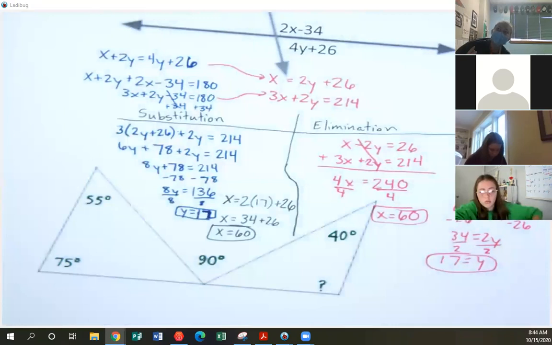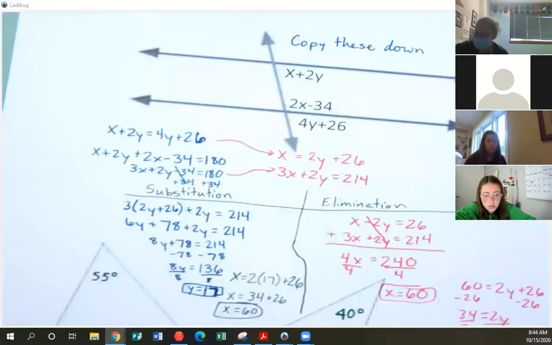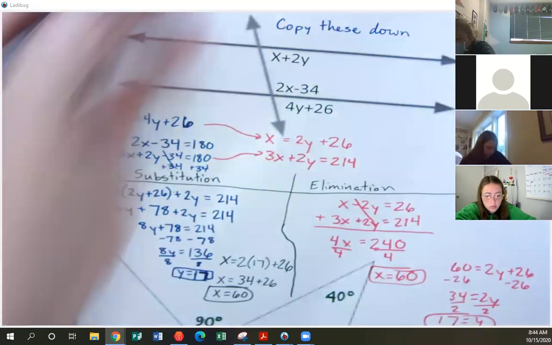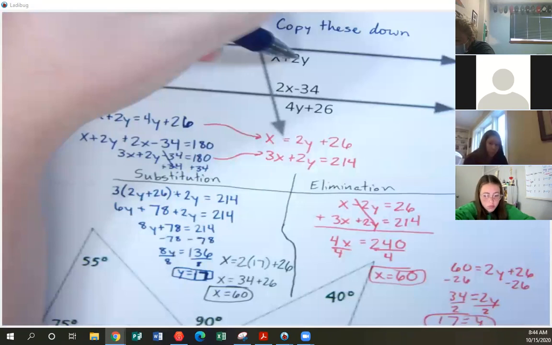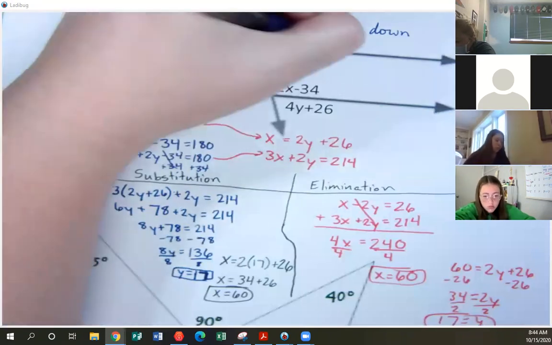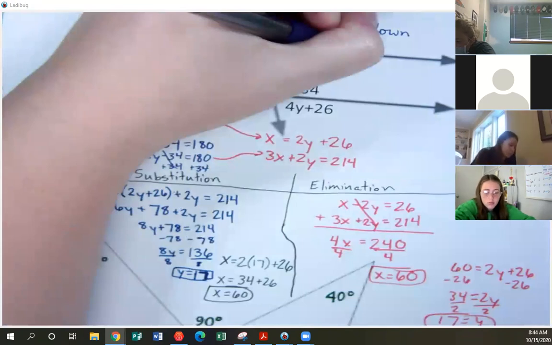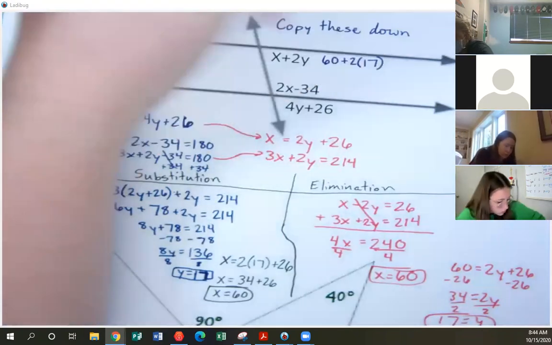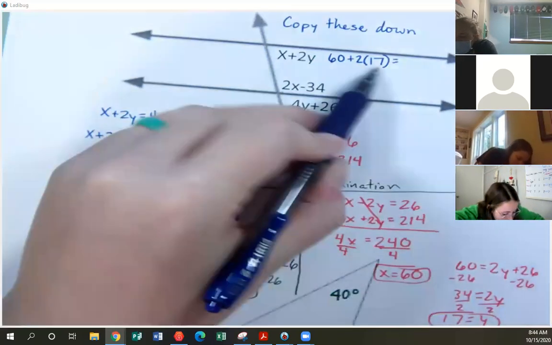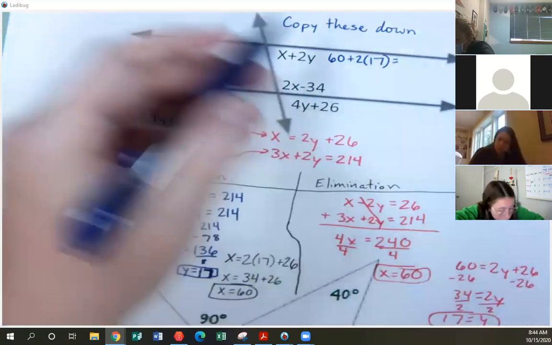Oh, wait, let's not move on because on the test, you're going to have to plug these back in. So we have x is 60. So we have 60 plus 2 times 17. This one I can already tell is not going to be drawn to scale. So 60 plus 34 is going to be 94 degrees.